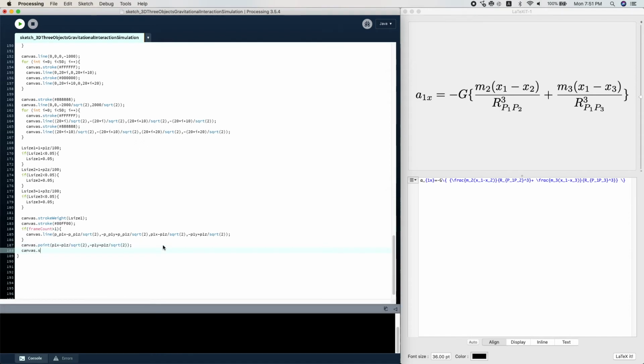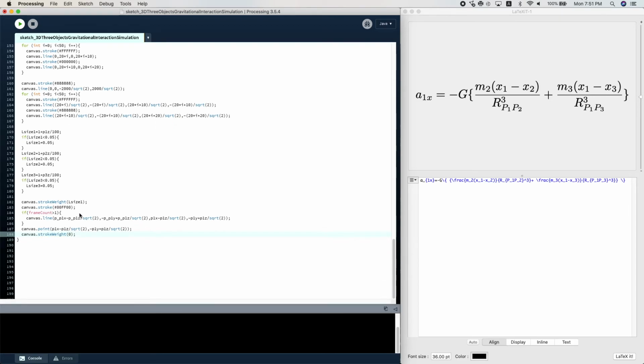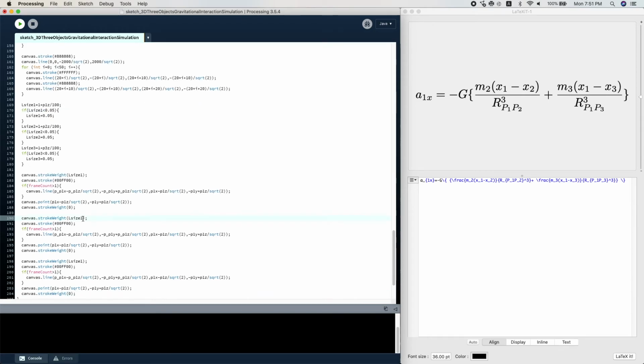And then now I'm just gonna set my stroke as invisible to not make any confusions between moving on from this line to that line to a different line. And now I'm just gonna copy all that and do the same thing for object 2 and object 3. So here I'm going to say L size is 2, and we know that our color for object 2 is red, so FF0000.